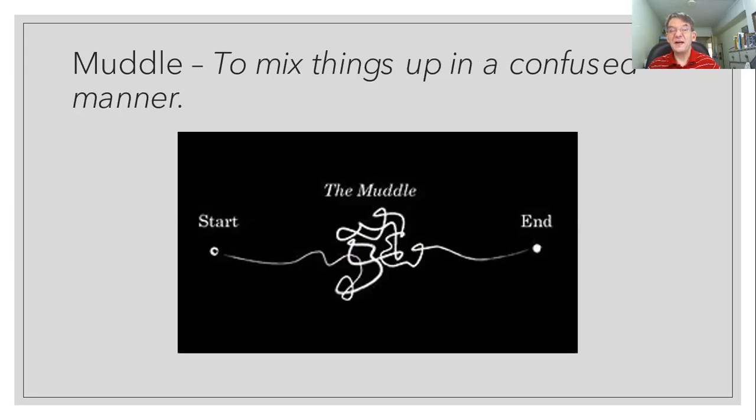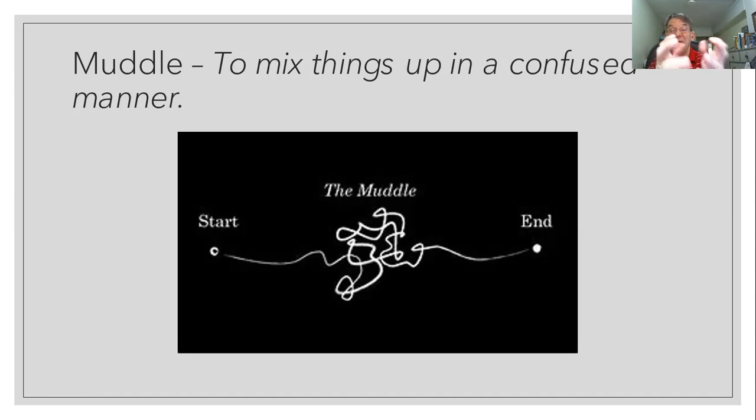The next word is muddle. And muddle is actually a very British kind of word. It means to mix things up in a confused manner. So here in this picture, instead of a straight line going from start to end, the line starts and then it goes in all different directions in the middle, and then it reaches the end.